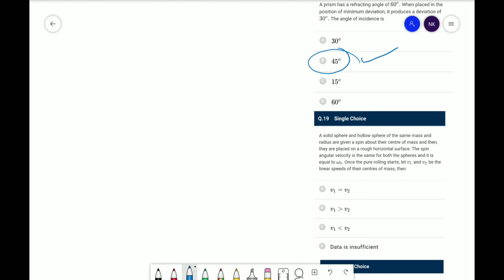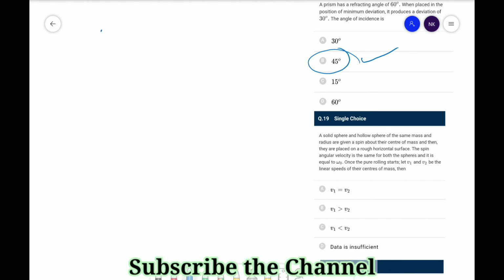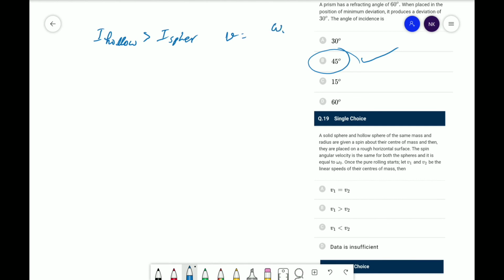Then here you can say that the velocity of the hollow sphere will always be greater than the velocity of the solid sphere, because the moment of inertia of the hollow sphere is greater than the moment of inertia of the solid sphere. And we know that velocity can be defined as omega naught upon (I by mr plus mr).